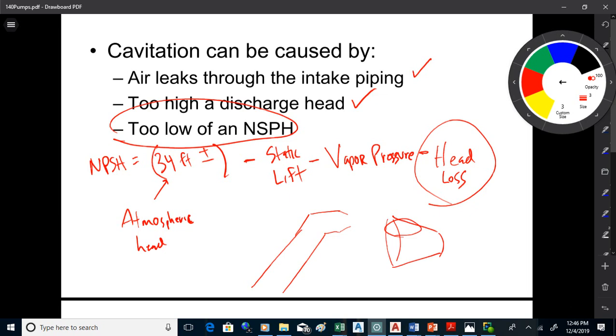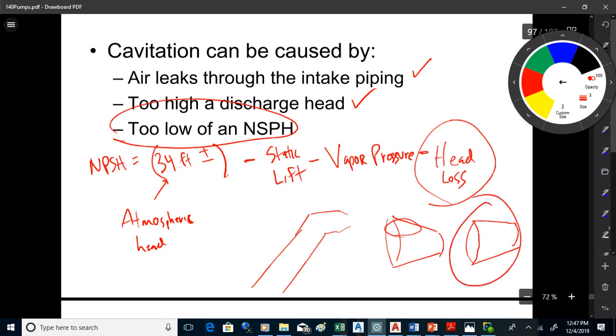So they actually make a reducer for pumps. It's an eccentric, meaning it's not centered. It reduces like this, so it just bends up from the bottom, and you don't end up with a pocket in there that'll collect air. So this is the type of reducer to use on the intake piping before you hit the pump, because you just don't collect air.